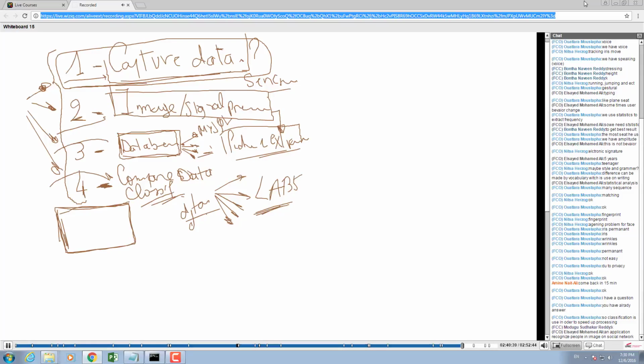So I have, Sayed said, an application recognize people in image on social network. Okay. Yeah, it may be an application like this, but it will be just maybe face analysis, except if you want to use other features. Always you have to think about something. At the beginning, what should you capture as data? So this is the first information. What do you need as biometric data?